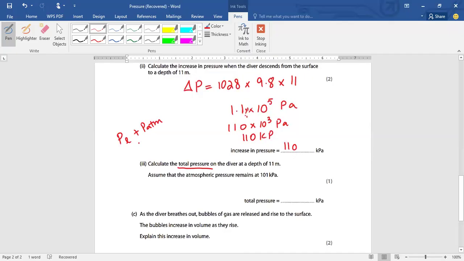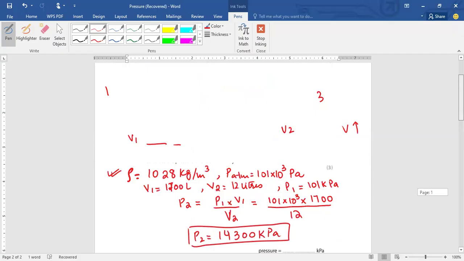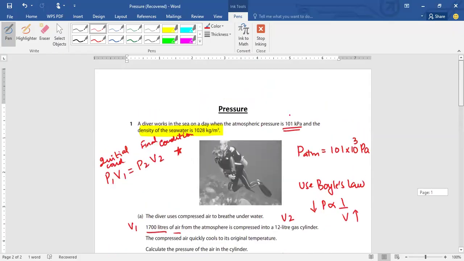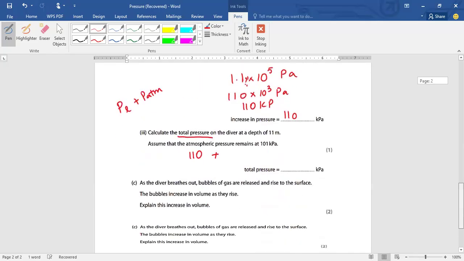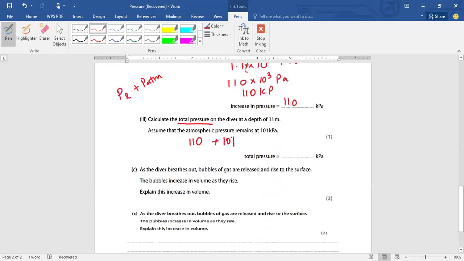The pressure of the liquid was 110 kilopascal plus the atmospheric pressure, which was 101 kilopascal.